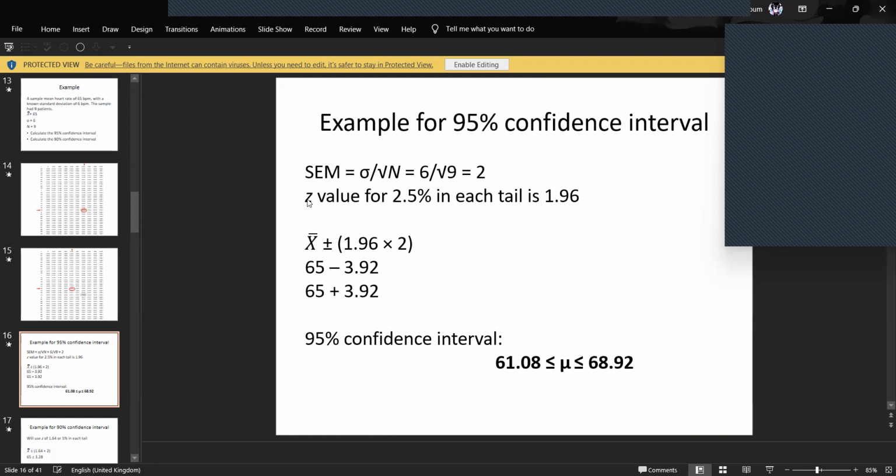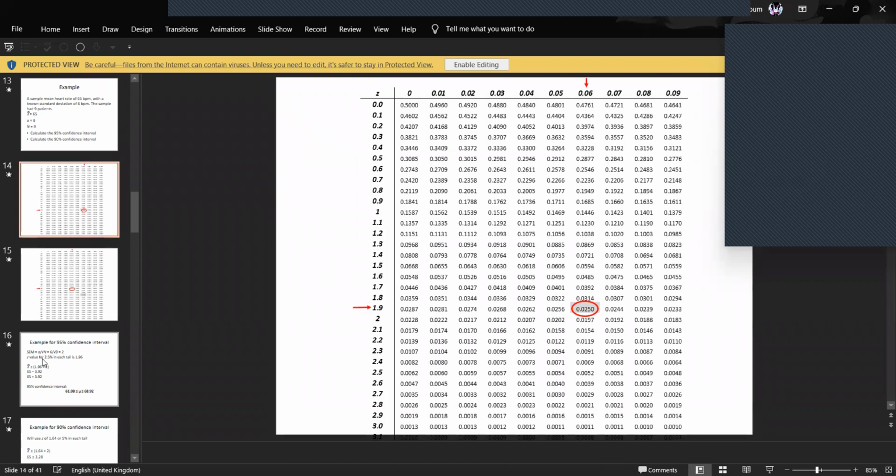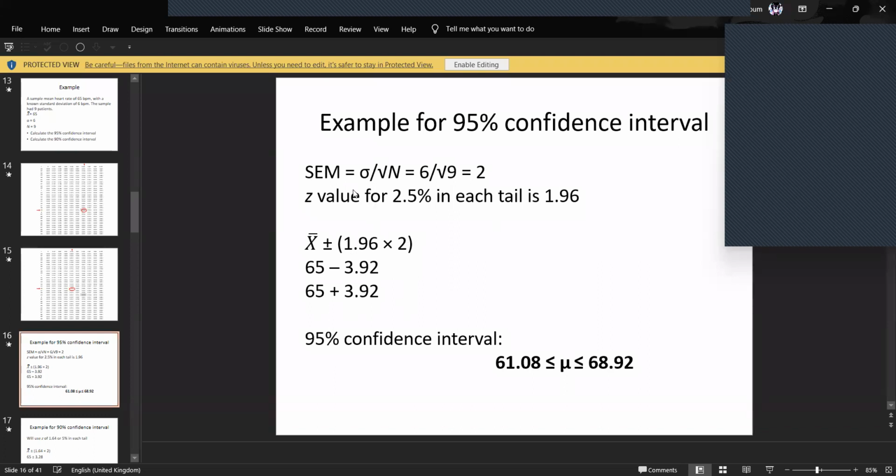And then we have the Z value, which is 1.96, which we got up here in this slide. And so you have 2 times 1.96 is 3.92. And then you can take the mean minus 3.92 and the mean plus 3.92 to get a confidence interval, which would look like this. This is how you put it out. Okay?